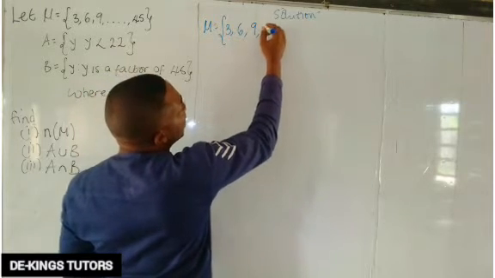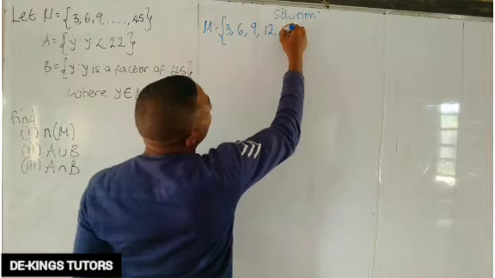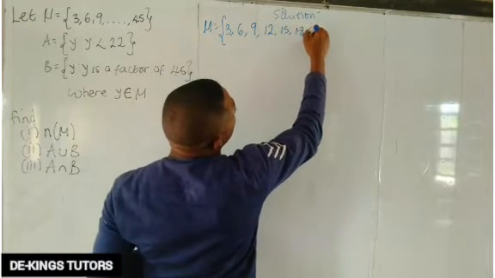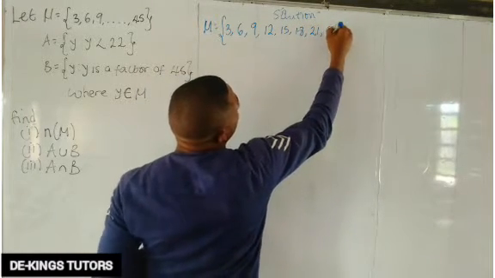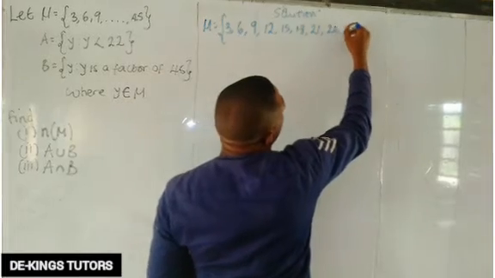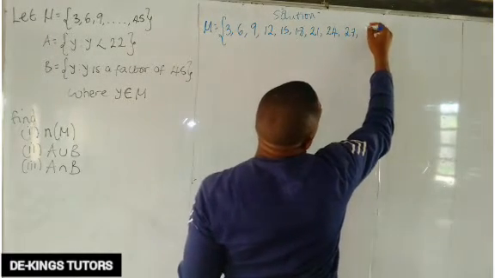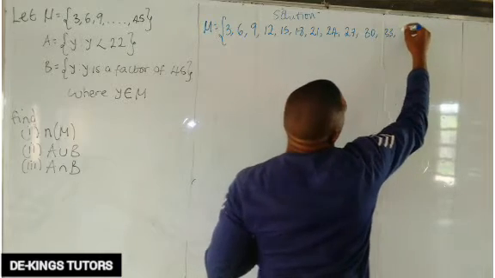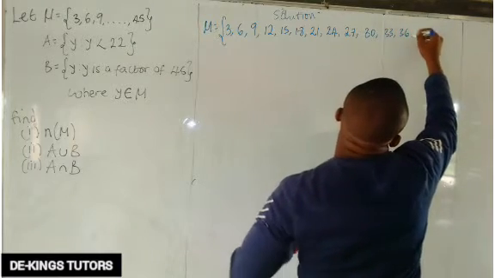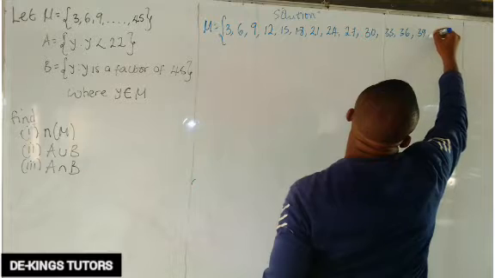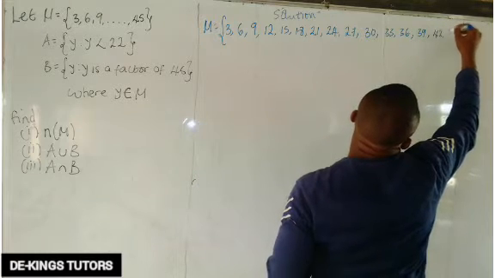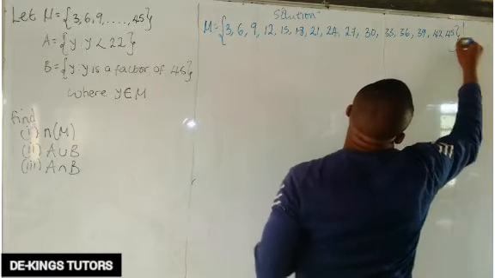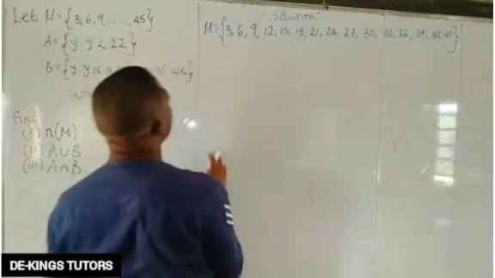So we add 3 to 9 to get 12, then 15, 18, 21, 24, 27, 30, 33, 36, 39, 42, and 45.